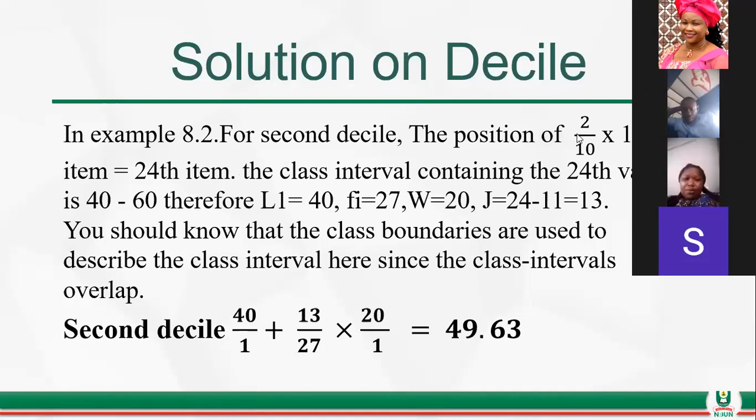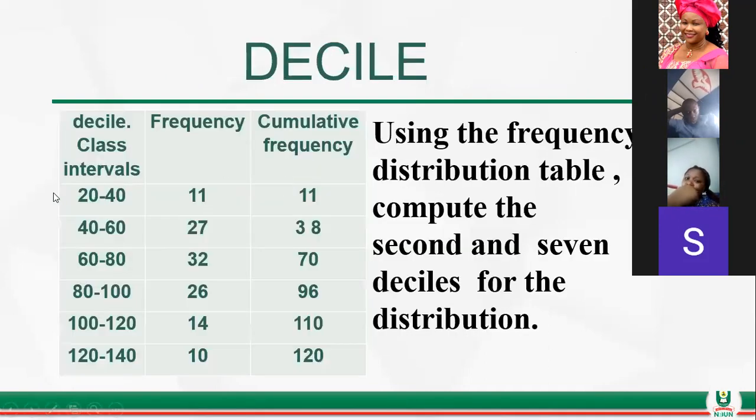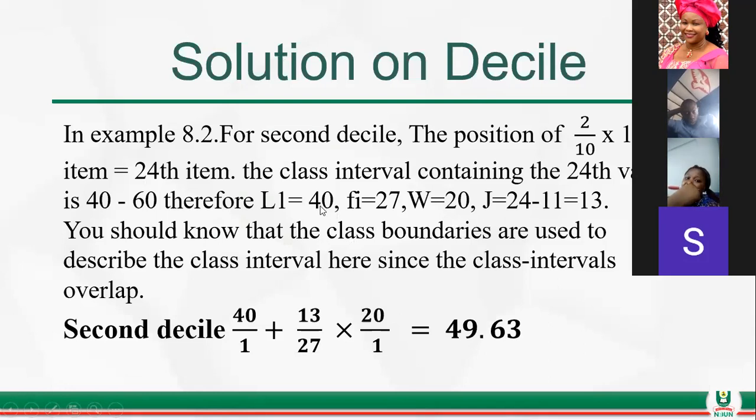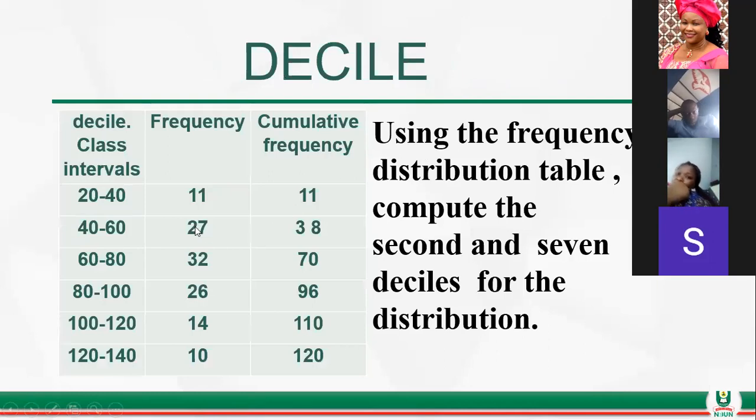Remember, if you're given 7, you just replace the 2 with 7 over 10, times 120. Then the next thing you need to do is find these parameters from the table, following the steps I've given you. The lower class interval for the 27th position we are looking for is 40. That's where we got our 40. The frequency is 27. It's here as 27.